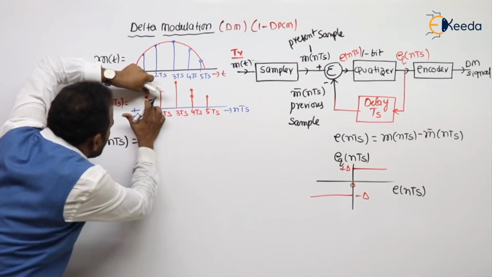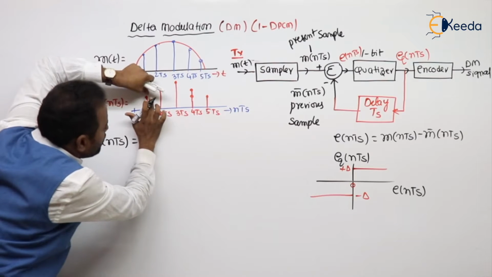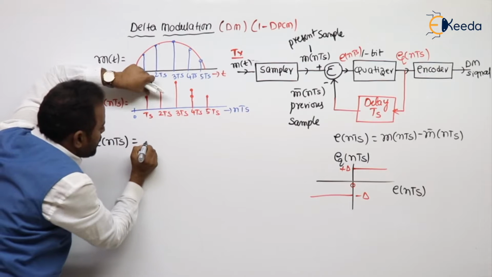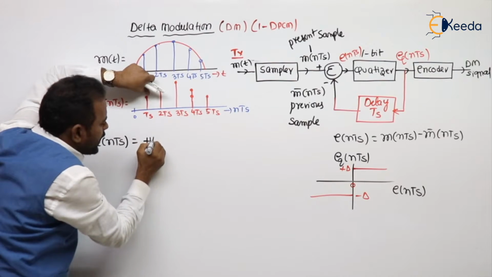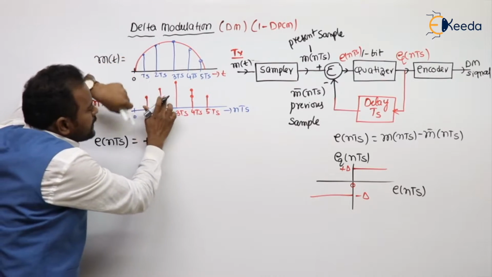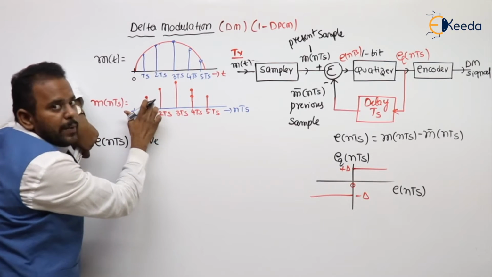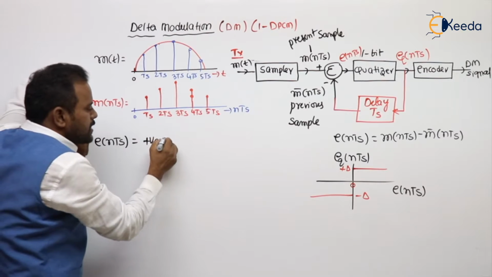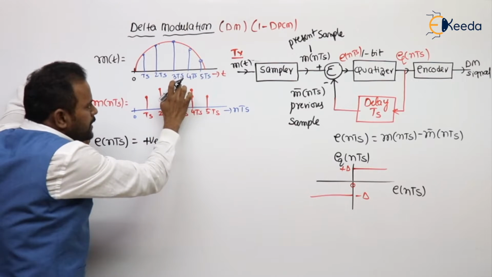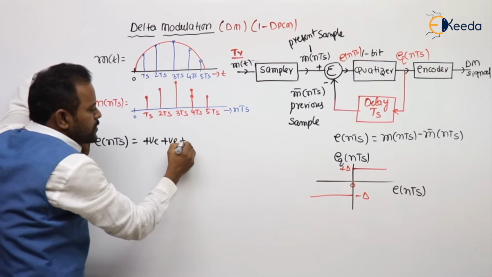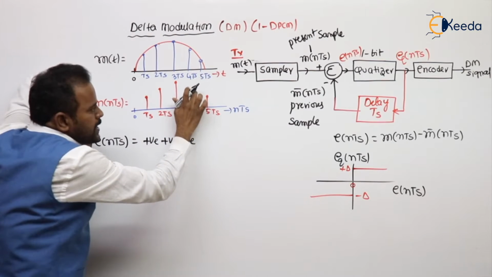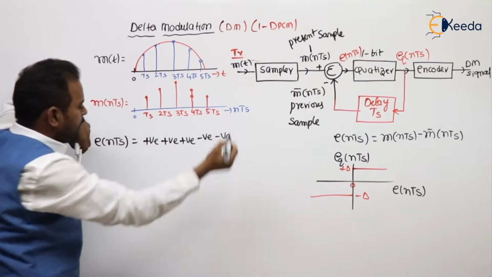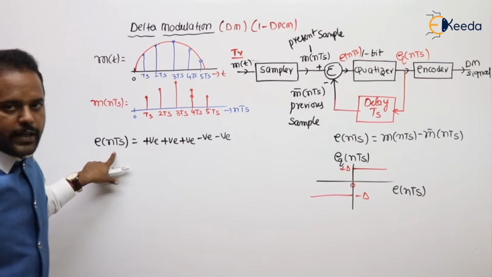This amplitude minus 0 volt, whatever the amplitude may be, is positive. Next, this sample will come and the earlier one becomes the previous sample. Present minus previous is positive. Again positive. Now this is the present sample, this minus this, negative. Again negative. Like that the error e of nTs will be generated.